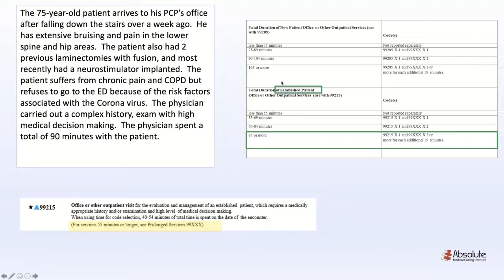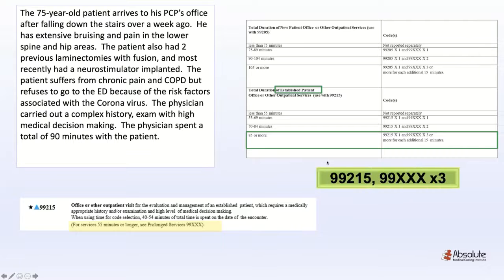All right, we're in the correct section, and the correct amount of time is 85 minutes or more. That is correct because our scenario is coding for 90 minutes with the patient, and we are directed to code as follows. Use 99215 one time and 99XXX times 3 or more.